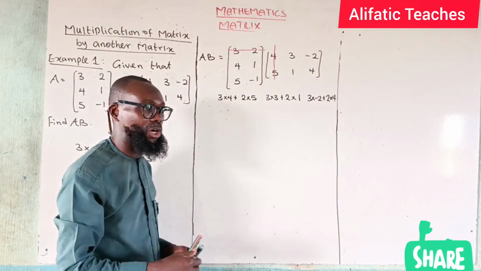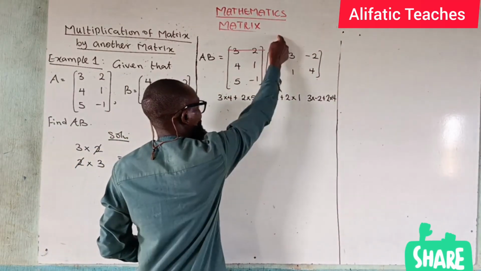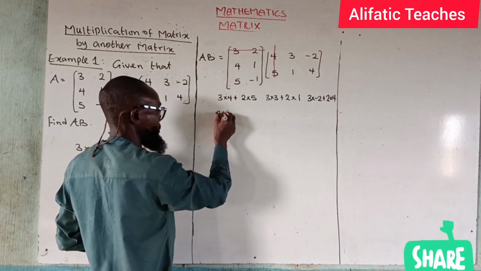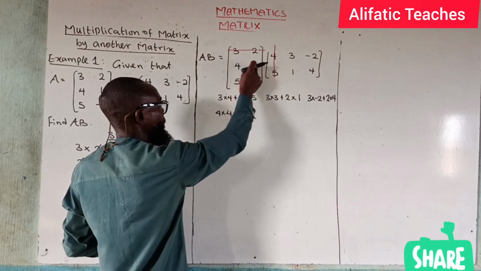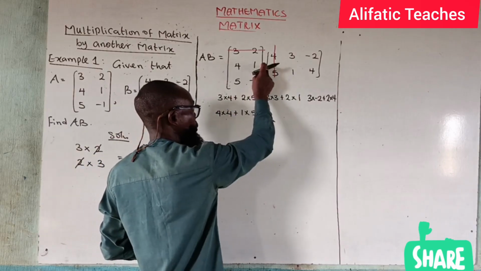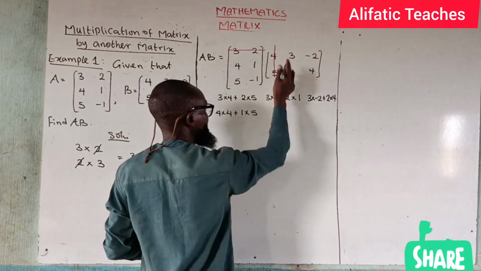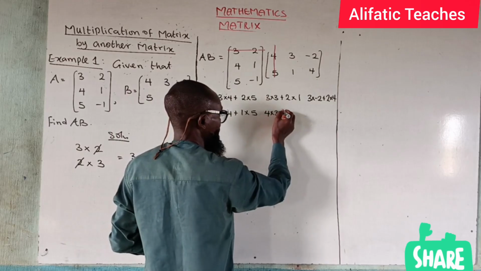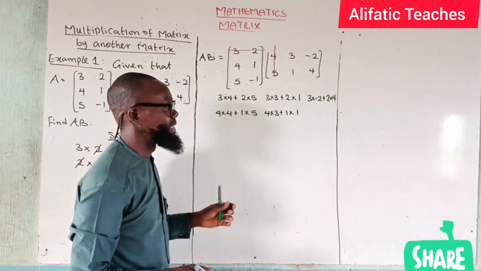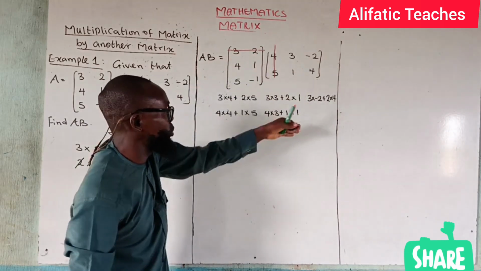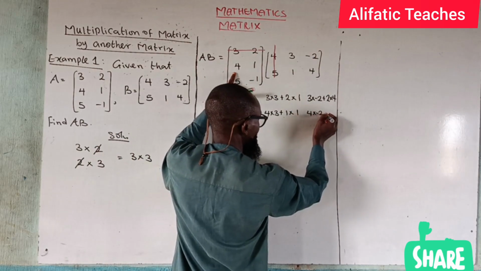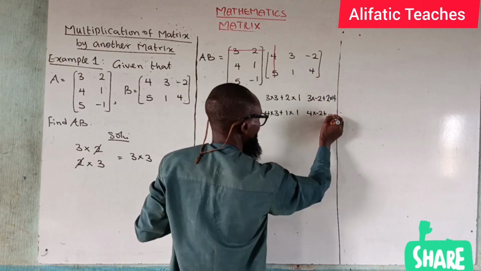Now we move to the second row. So second row, first column, 4 times 4 plus 1 times 5. Then second row, second column, 4 times 3 plus 1 times 1. Are you there? Then second row and third column, 4 times minus 2 plus 1 times 4.